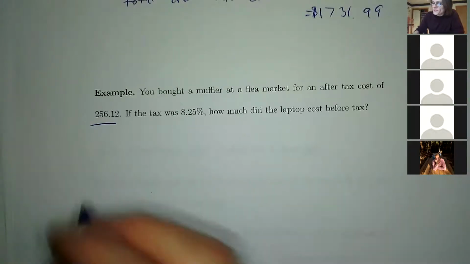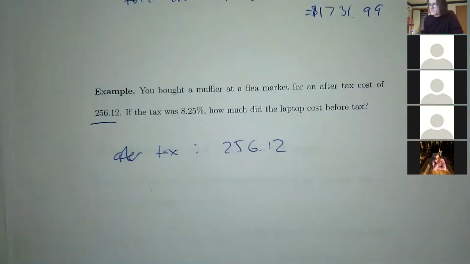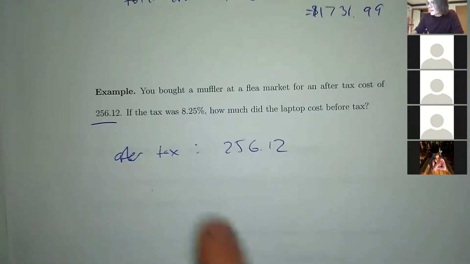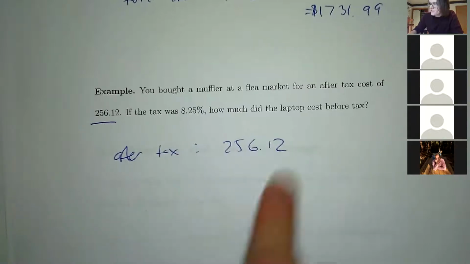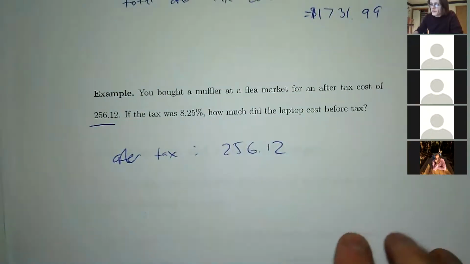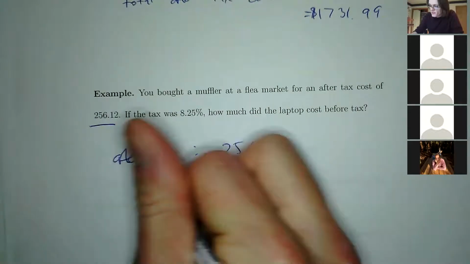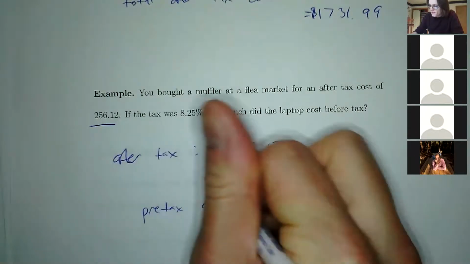But so my after-tax cost is $2.56 and 12 cents. And the tax rate's the same because it's in Erie County still. Even though it's Cheektowaga, it's still Erie County somehow. And so how much does the laptop cost before tax? What you want to do is you just want to set it up, right? So the way you'd compute it in general, like I did before, is I had the pre-tax cost, right?